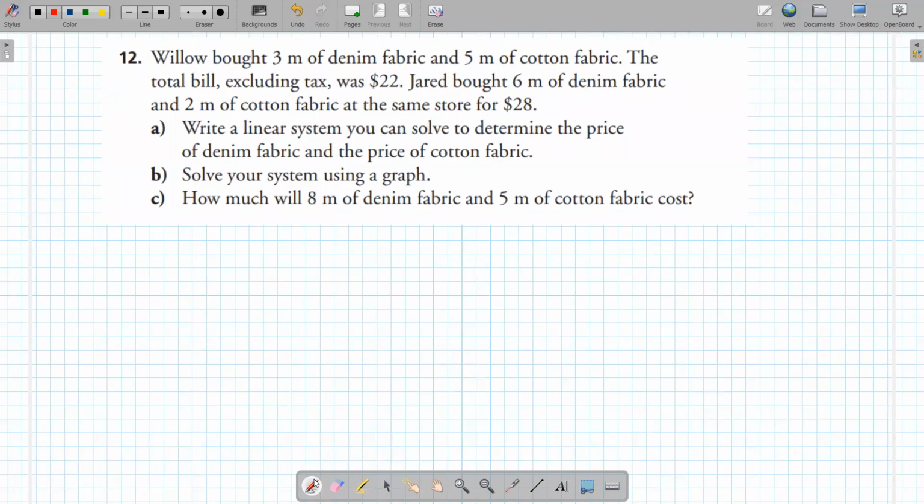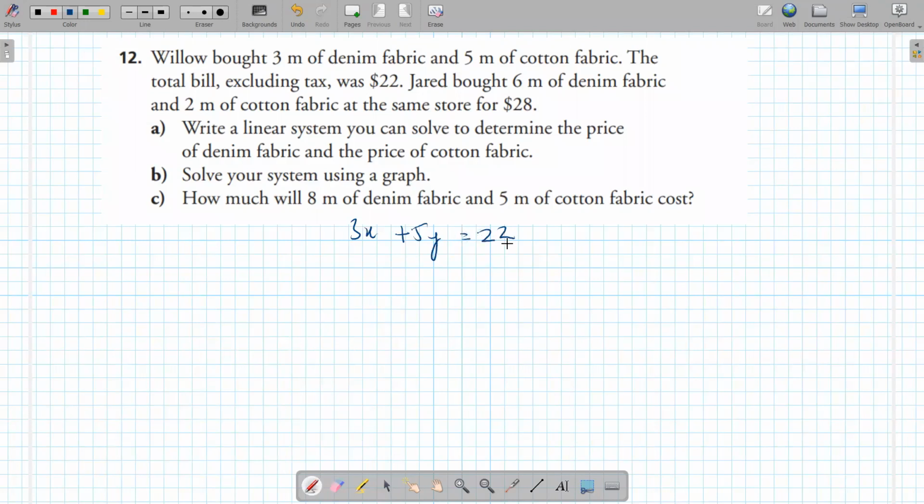X is the amount of denim, okay? Y is the amount of cotton. Cool? So the first equation here becomes 3x plus 5y equals 22.